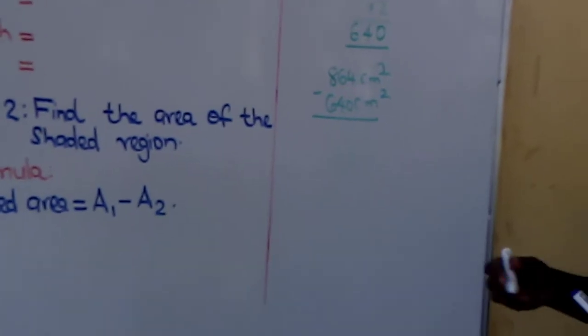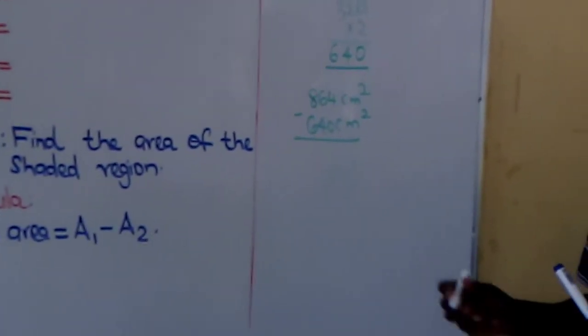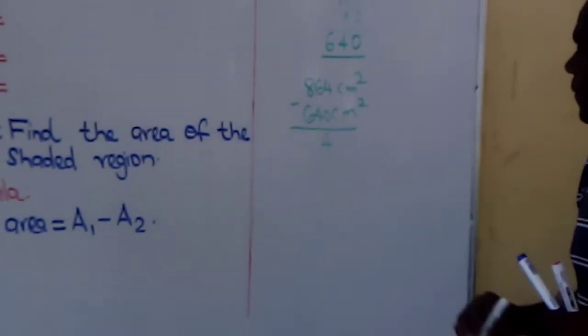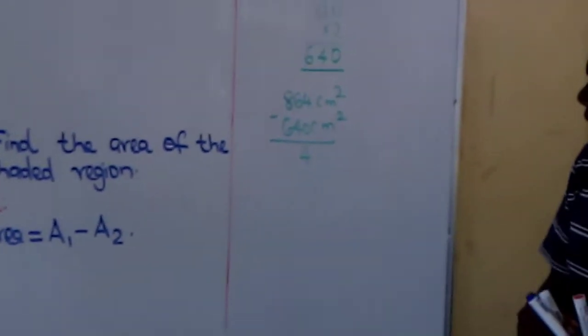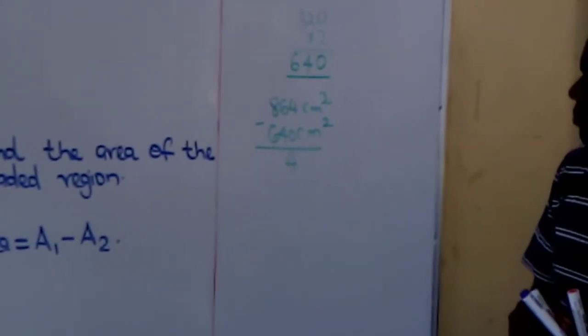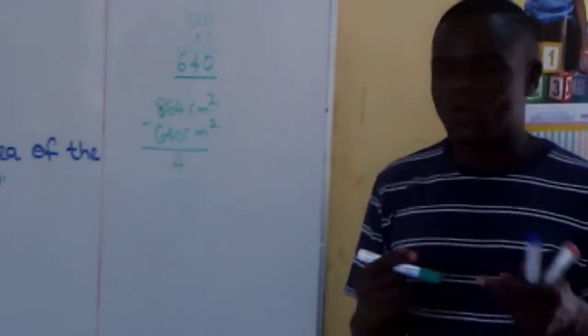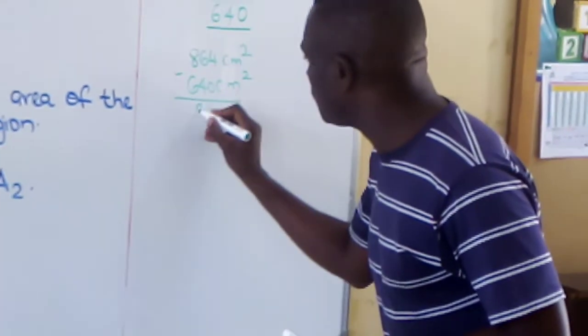Isaiah Buka, 4 minus 0. 4 minus 0 is 4. Jaden, what is 6 minus 4? Correct. 6 minus 4 is 2.